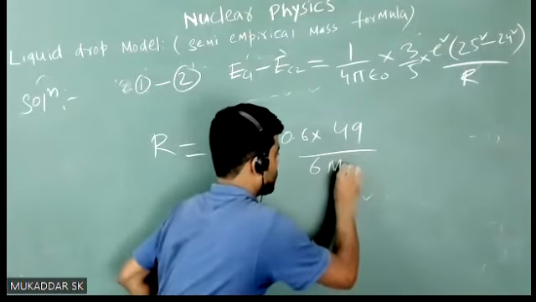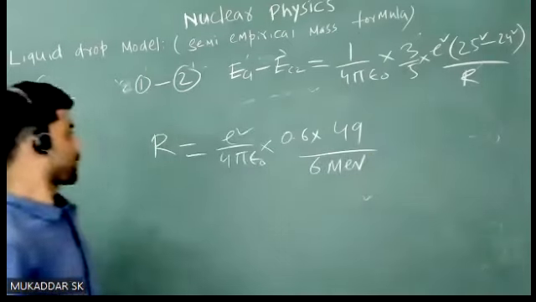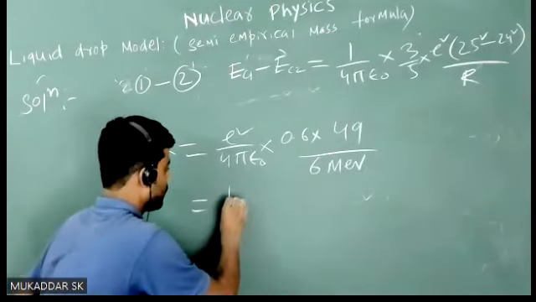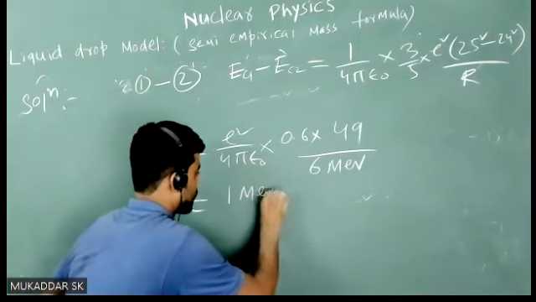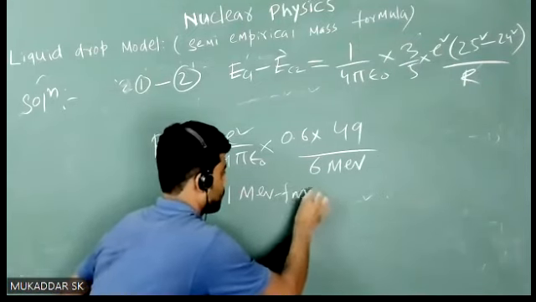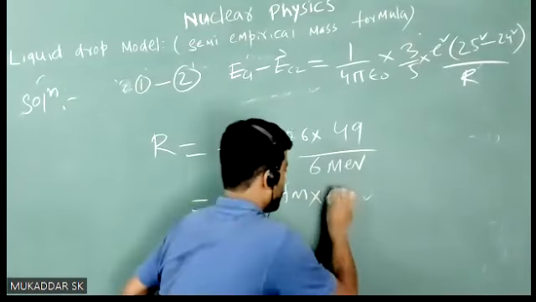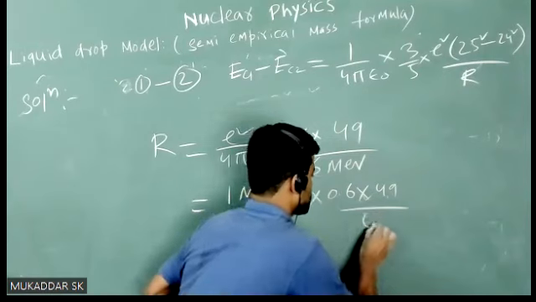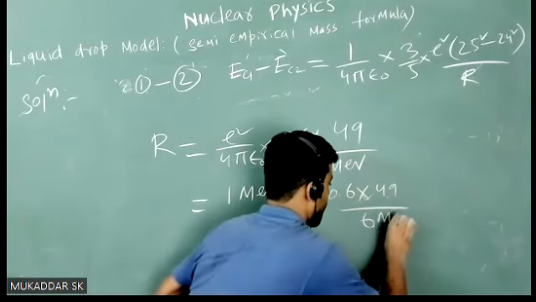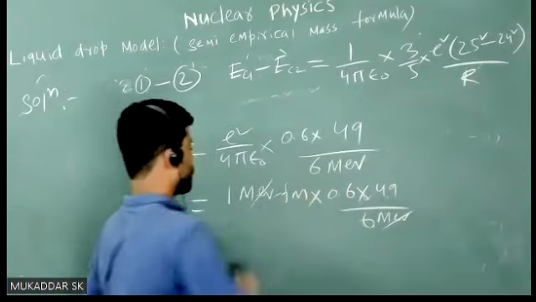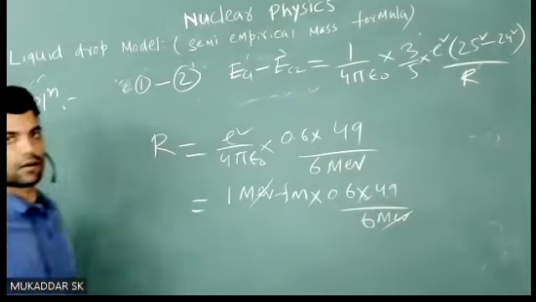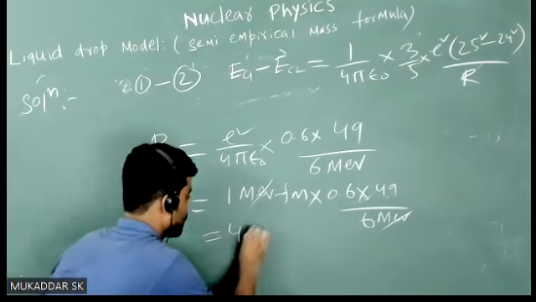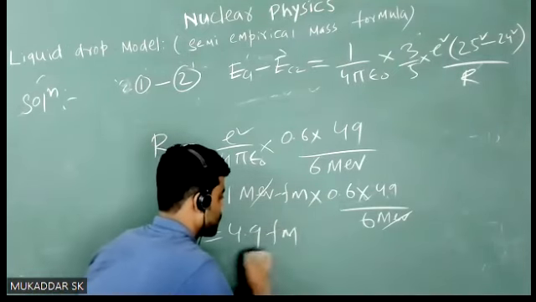E square by 4 pi epsilon naught is given in MeV femtometer. Then you have 0.6 times 49 divided by 6 MeV. Now the MeV unit will be gone, so what unit will you get? Only femtometer. If you solve this number, you will get 4.9 femtometer. Is it clear?